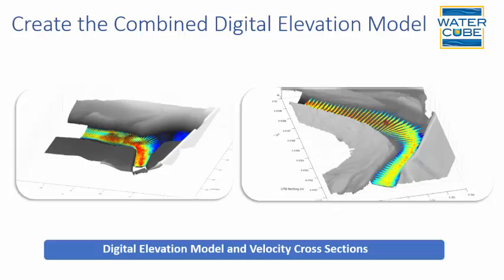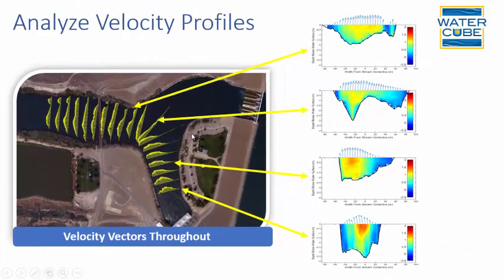By creating the digital elevation model, we lay in all of the velocity vectors within the entire study area of interest, along with the LiDAR that were brought together for the digital elevation model. At that point, you can analyze any of these velocity profiles, pulling them out at specific sites at any cross-section. So you can compare and contrast over time and to see what's really happening within your river.